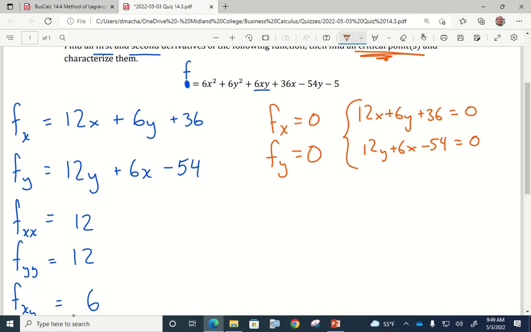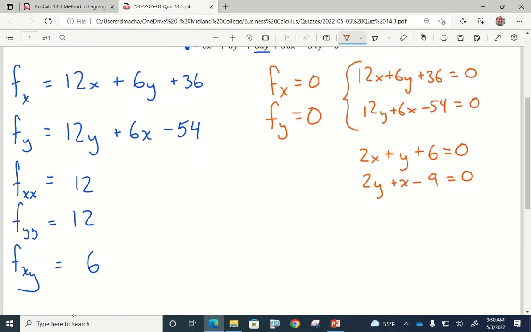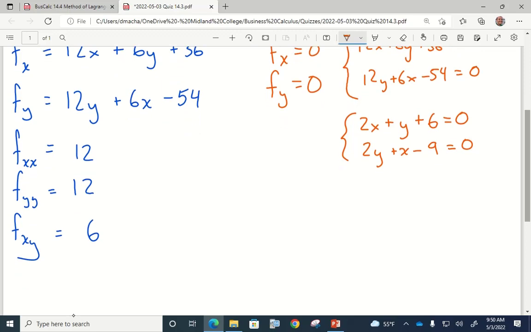So 12 divided by 6 gives me 2x plus y, and then 36 divided by 6 is 6. And then I'll have 2y plus x, and 54 divided by 6 is 9. Okay, so same deal. Still have 2 equations with 2 unknowns, but this is simplified a little bit.